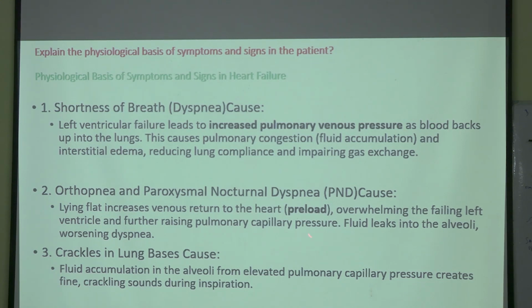That further raises the pulmonary capillary pressure. So here two things happen. One is the reduced capacity of the left ventricle, meaning the contraction capacity of the left ventricular muscles is reduced, and at the same time there is a change in the pulmonary capillary pressure. Along with this, fluid leaks into the alveoli, and this leakage of fluid ultimately worsens the condition, leading to the development of dyspnea, which is the most important condition given in the case.